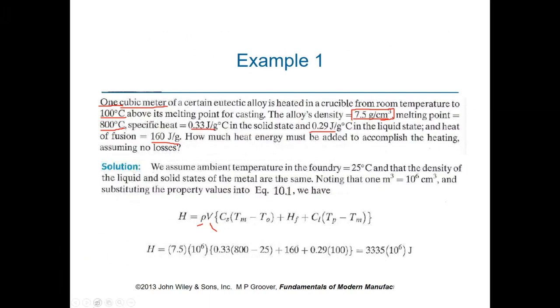We have to convert it to cubic centimeter, and when we convert it, it comes to 1 million. CS, CL, HF, TM, ambient temperature, which is 25 degrees C, pouring temperature, which is 100 degrees above melting temperature, and melting temperature, which is 800 degrees C. Everything is given.